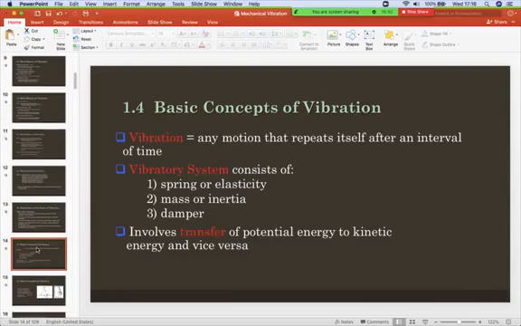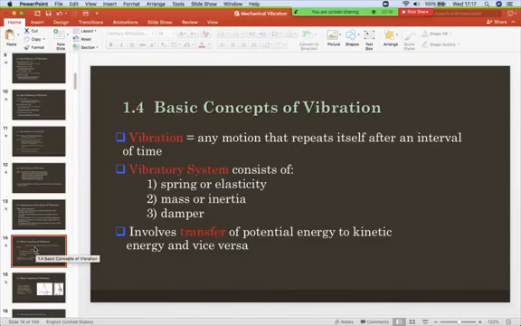So always be well aware, always make sure to memorize that these are the components of a vibratory system. No? That is elasticity, the mass or weight or inertia, and the damper, the damping unit, damping system. So it involves transfer of potential energy to kinetic energy and vice versa.